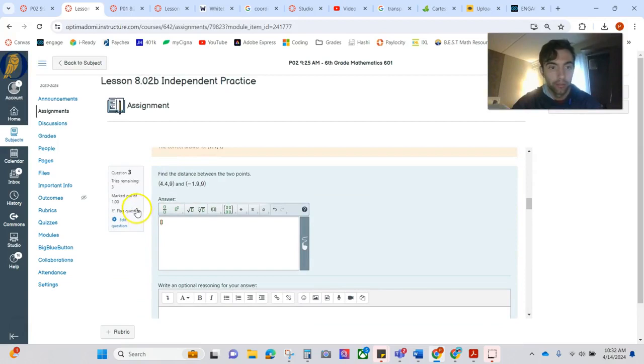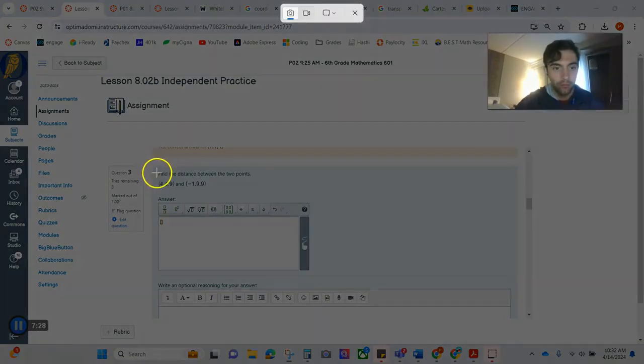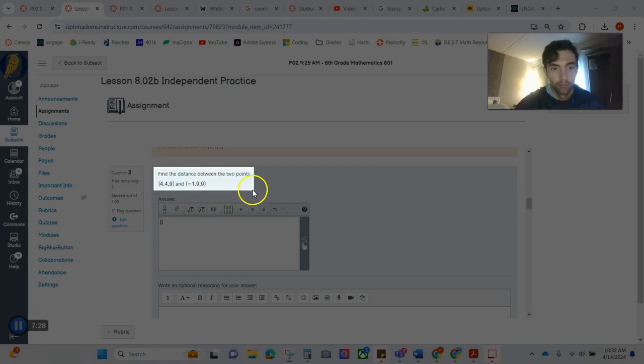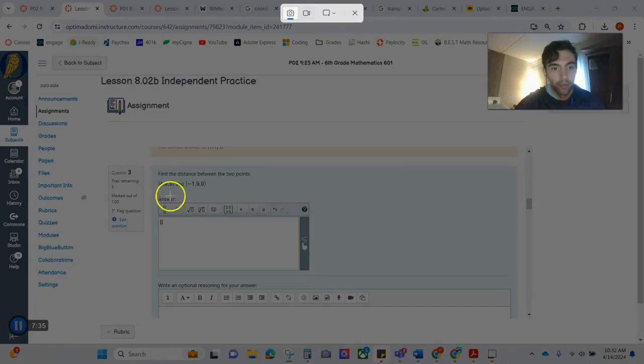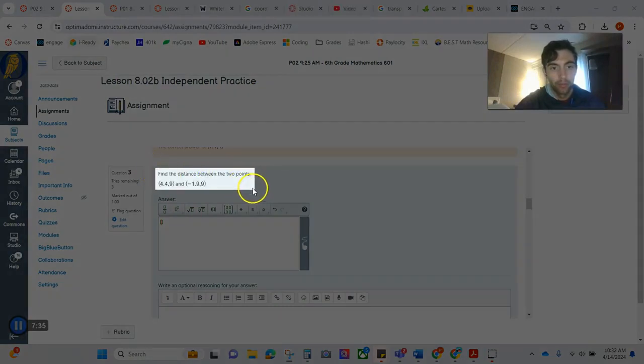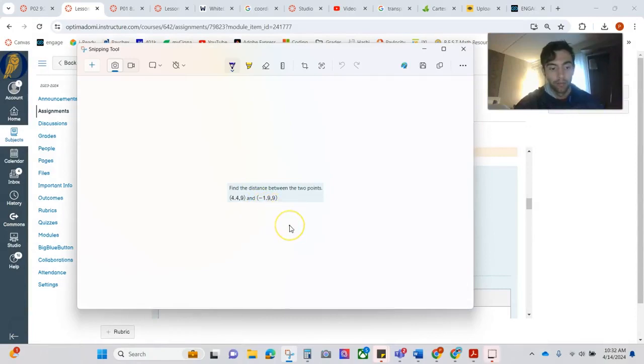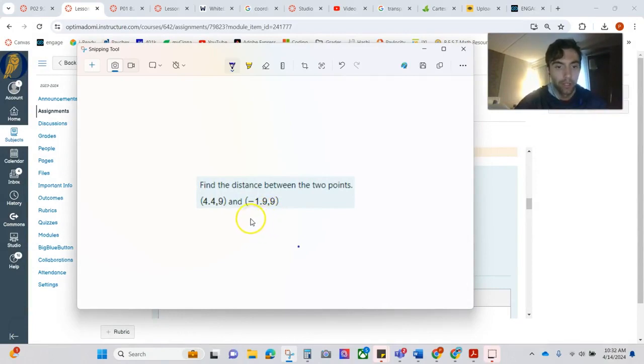Find the distance between these 2 points. Since we don't have a graph for this question, let's use a subtraction formula. When you don't know, let's use a subtraction formula.